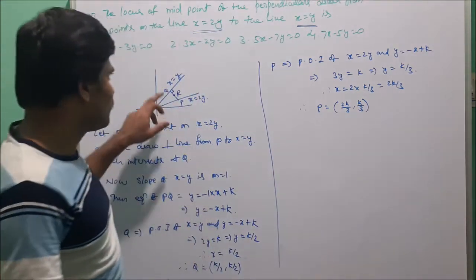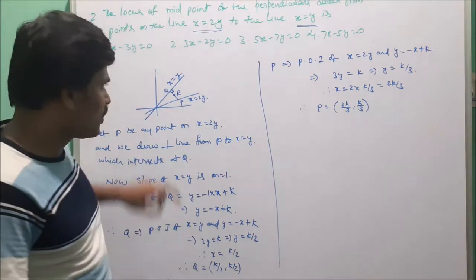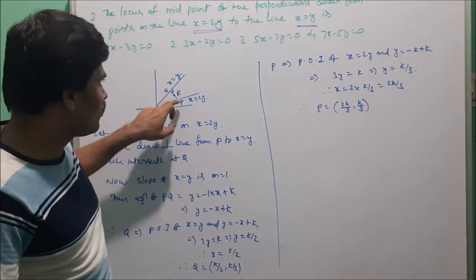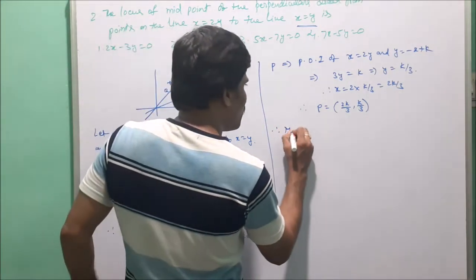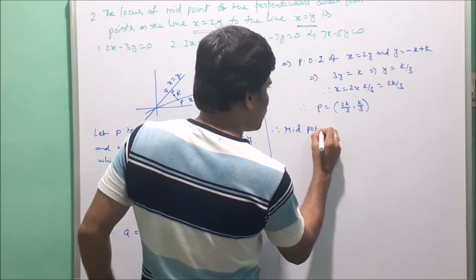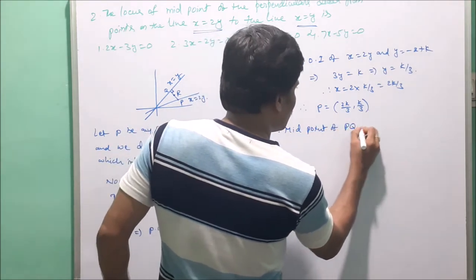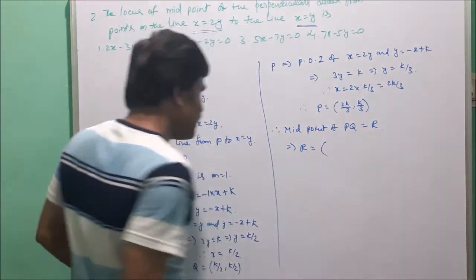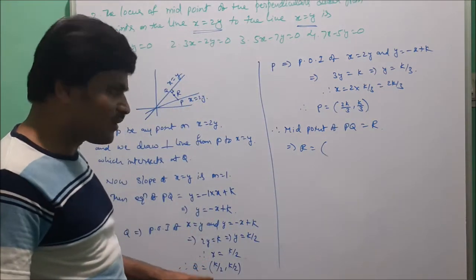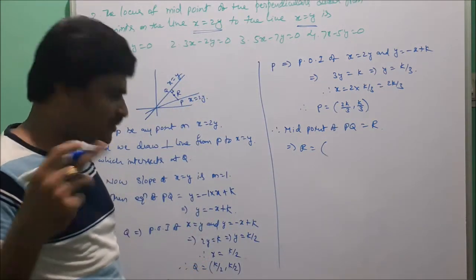Now here we get the points P and Q. Now to find the midpoint of PQ, let that point be R. Therefore the midpoint of PQ equals R. Using the formula, (x1 plus x2 by 2, y1 plus y2 by 2).